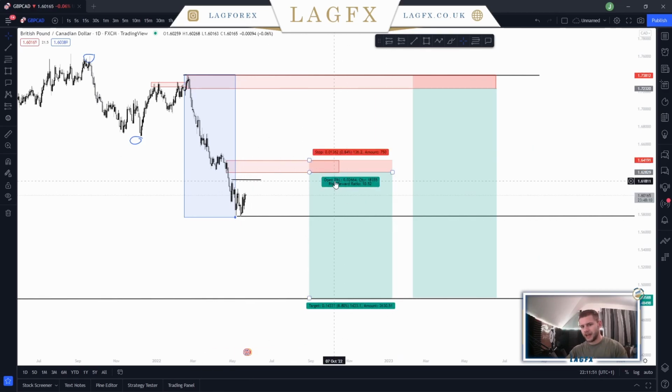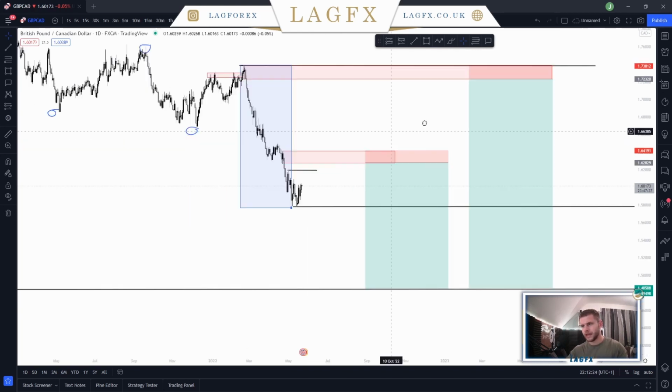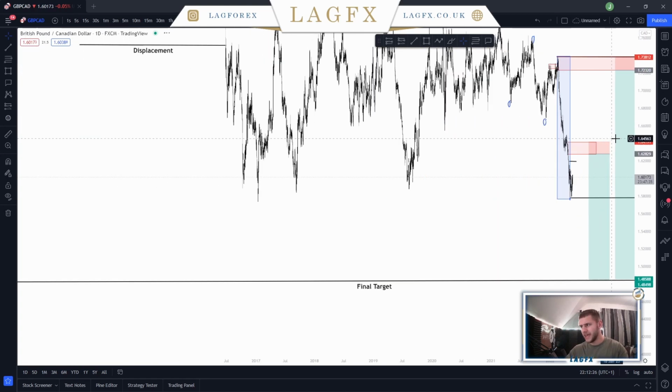Just from being able to analyze structure correctly and then implementing order mitigation and smart money concepts on top of that, we can now find ways to refine our positions in the market, create a bias, create a story, which just allows us to take more efficient trades, take better trades, take more probabilistic trades, and have a better understanding of what's going on, why price is doing what it's done, and so much more. Because I've literally been able to explain everything that price has done in this market using structural laws and smart money concepts.